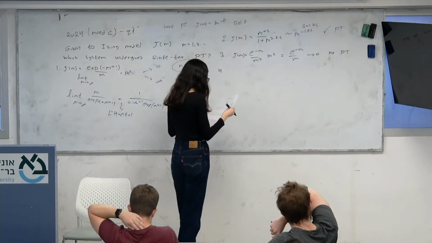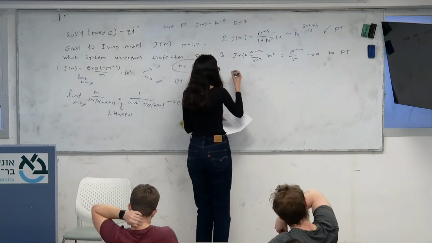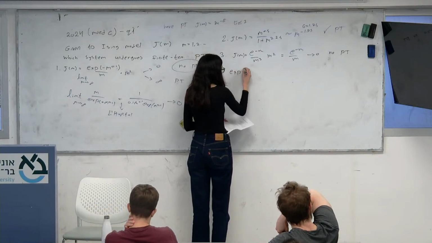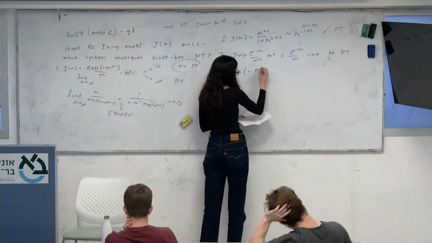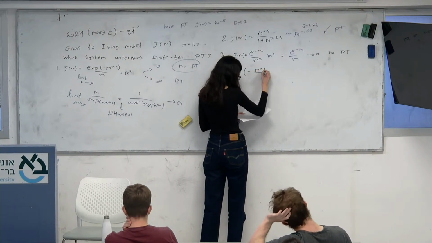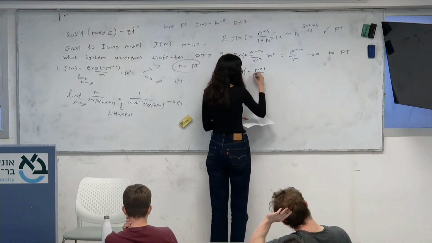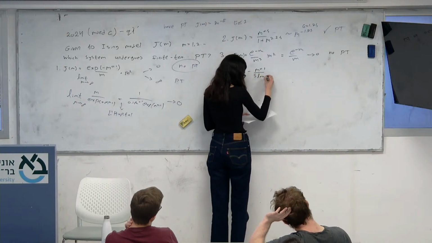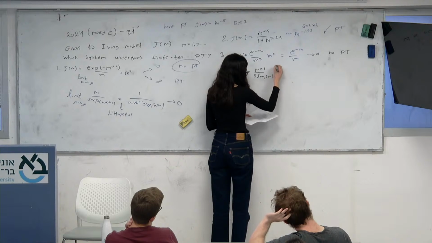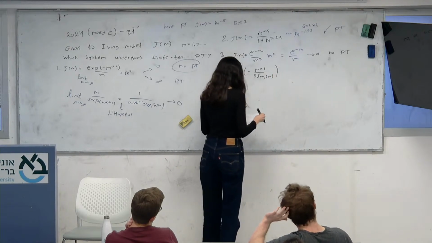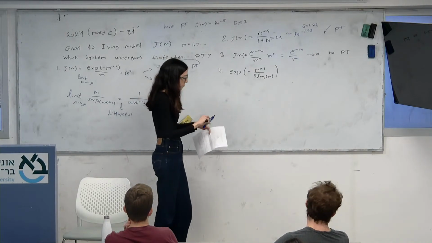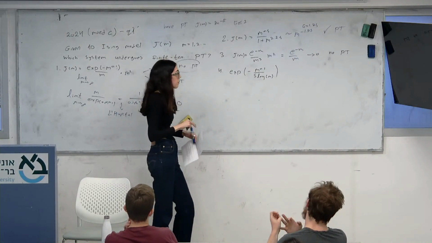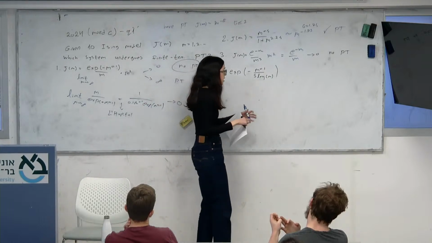Number 4. So now we have an exponent of minus m to the 0.1 over 5 log of m. So super fun. Okay, so there are 2 points here.